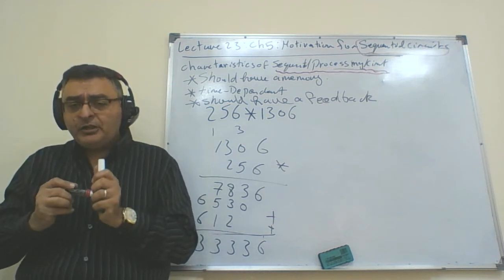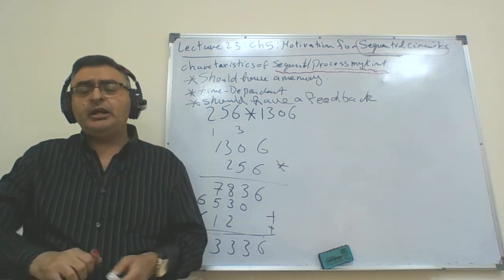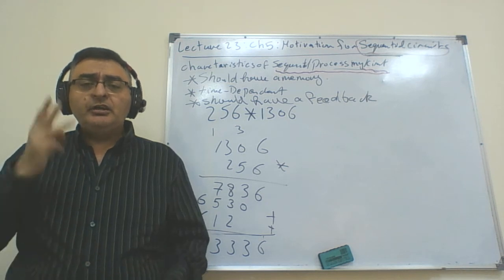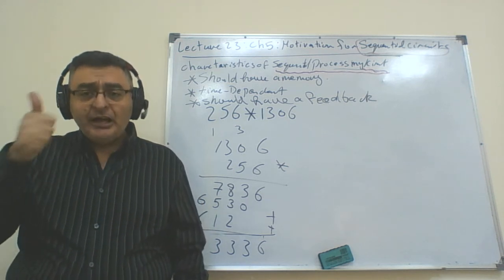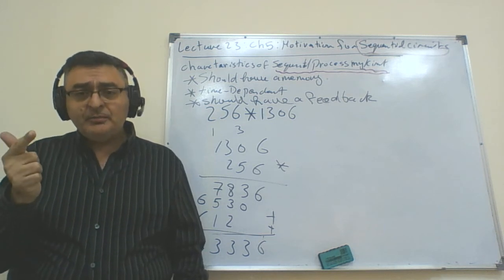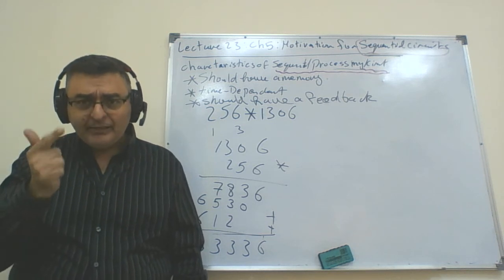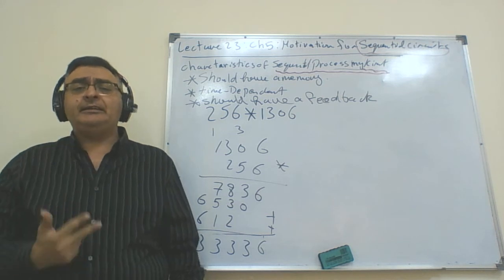This is the main difference between sequential circuits and combinational circuits. 3 characteristics are added here. The system should have a memory. The system has a feedback. The system is time dependent.